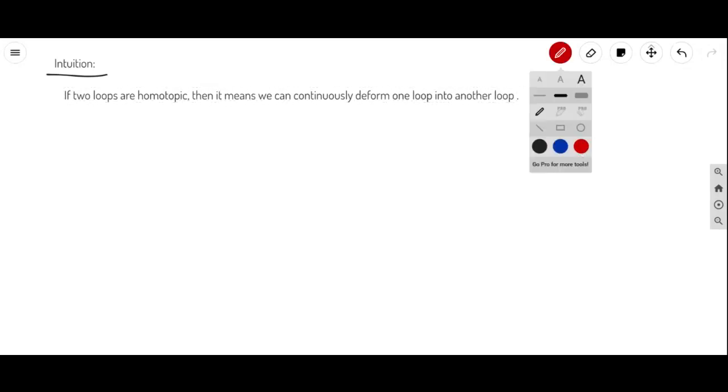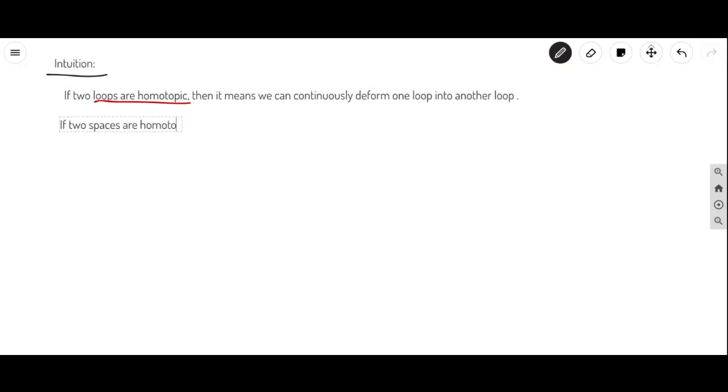That's what it means for loops to be homotopic. So that's what we've talked about before. And if two spaces are homotopic, which is what we're talking about now, topological spaces being homotopic, then it means we can deform one space into another space continuously.